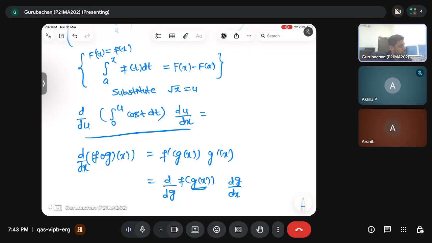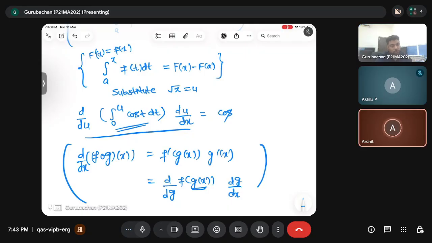So this will give you, by the fundamental theorem of calculus, directly cos of t. Okay, let me just write the proper definition of the fundamental theorem of calculus so that there will not be any confusion.